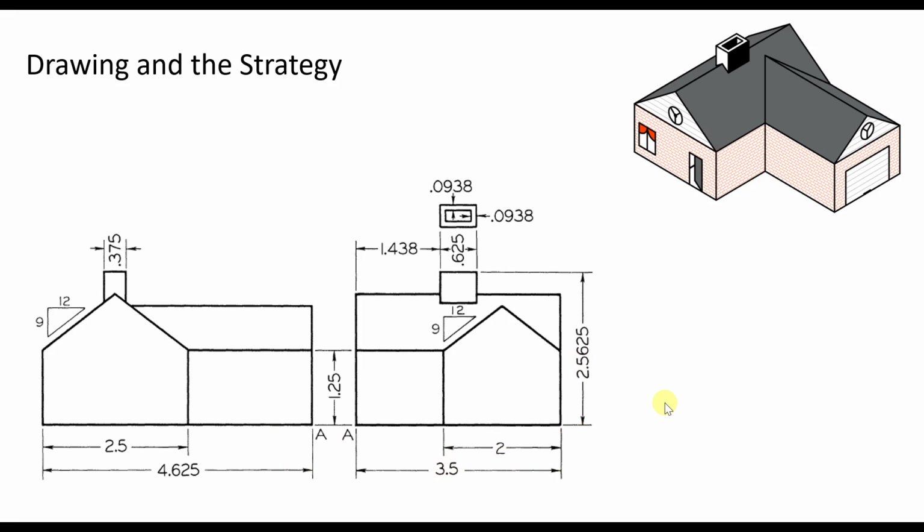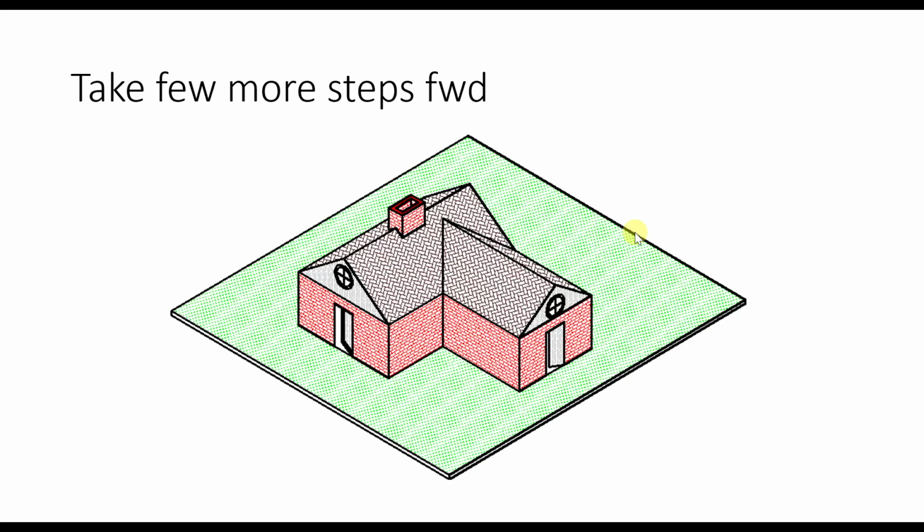We can assume inch, but it doesn't matter. The unit can be anything. It's gonna be schematic. So we're gonna draw the basic of the house. At the end, we're gonna add some extra features in hatch. You can take a few more steps forward and develop this furthermore, if you have time, to make it more realistic.